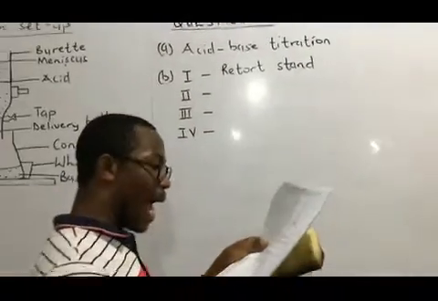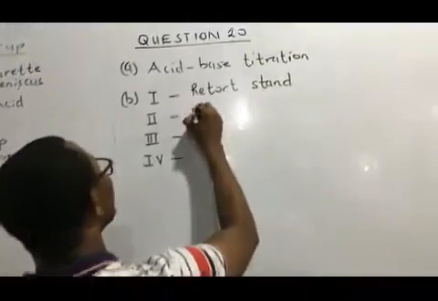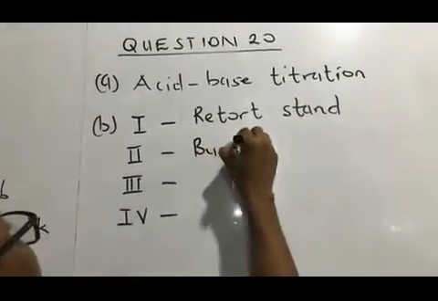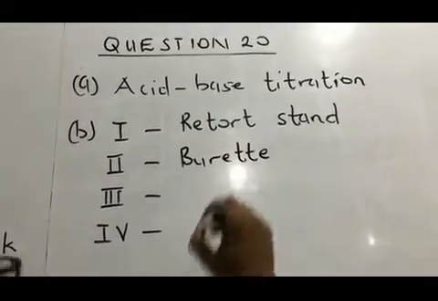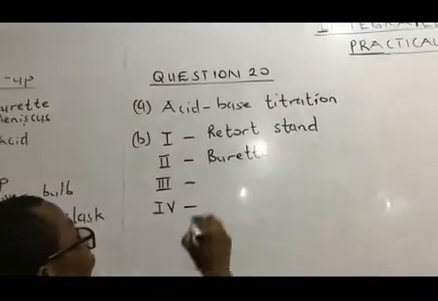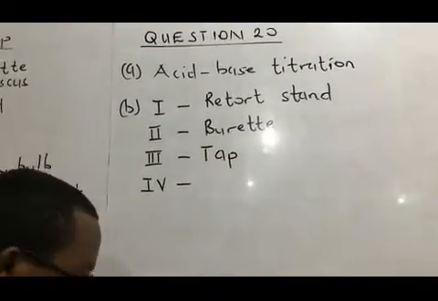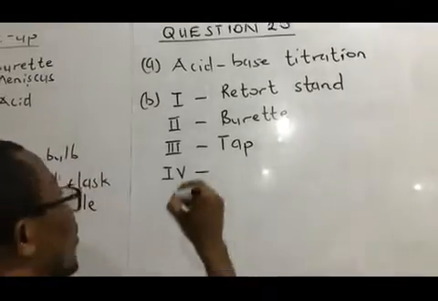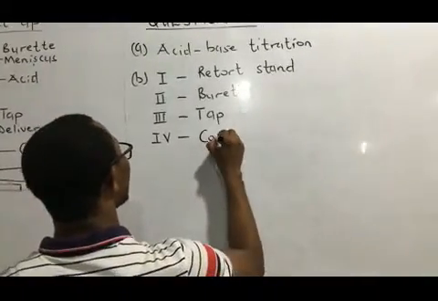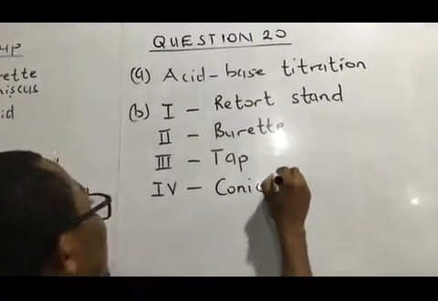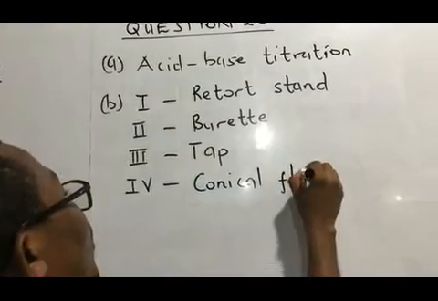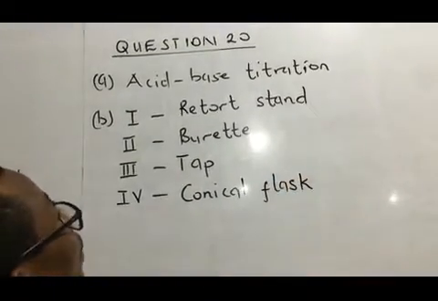And then the II is the burette. The III is the tap. And the last one, IV, is the conical flask.